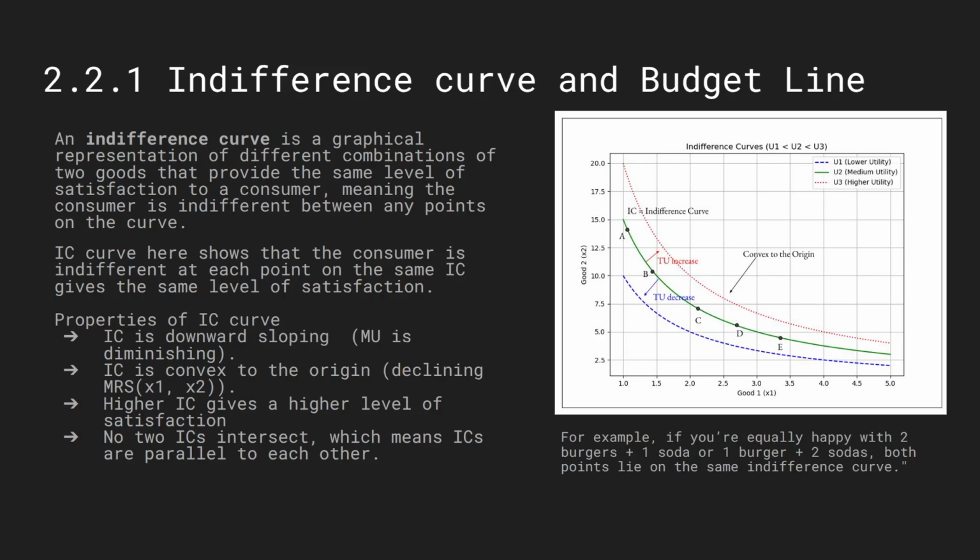I am going to rate the burgers 10 utils, let's say, and my friend is going to rate the burgers 20 utils. So my IC curve will be the lower IC curve, and my friend's IC curve will be the higher IC curve. The main key point here is that even if we assign different utils for different goods, the IC curve shapes shouldn't change.